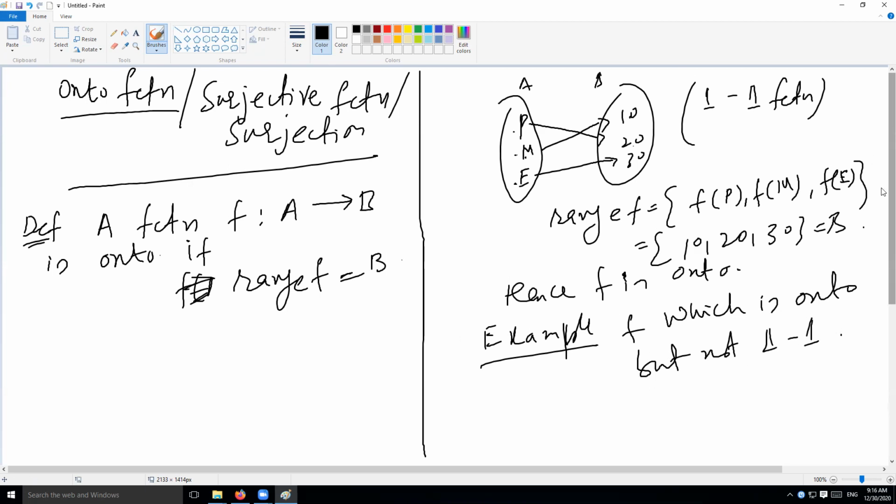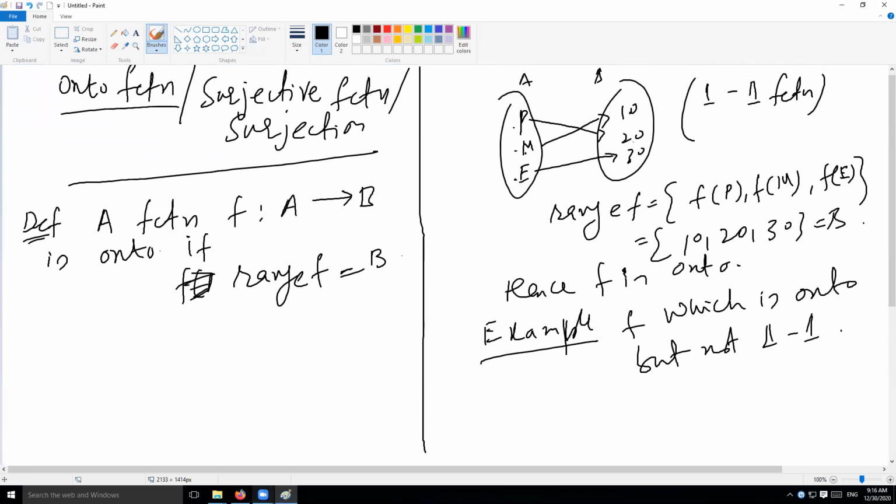What should I change in this function so that this function becomes onto but not one-to-one? At the moment, it's one-to-one and onto both. So what should be done?